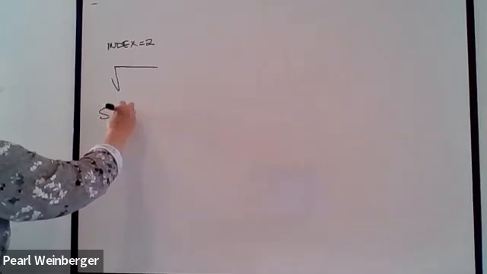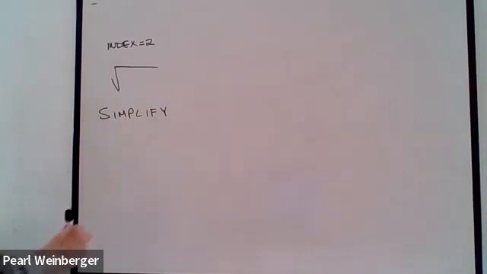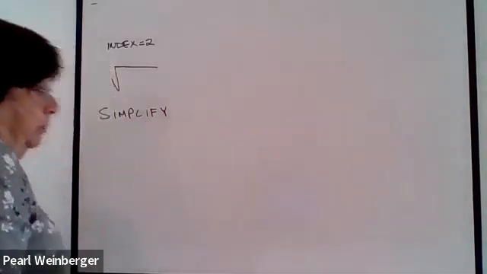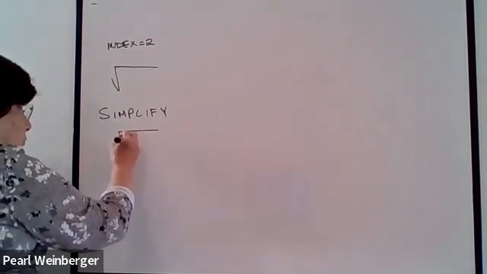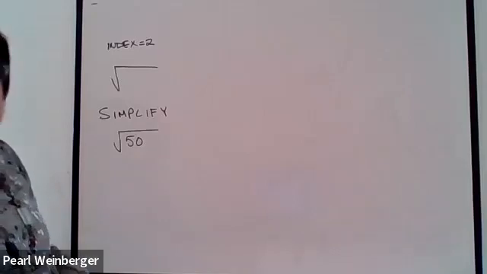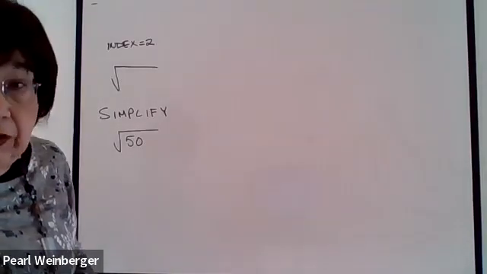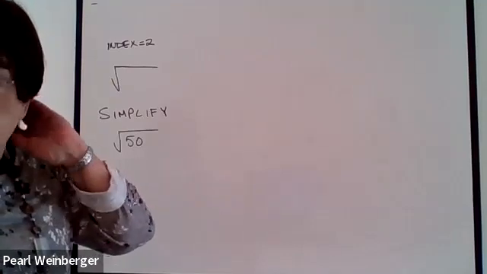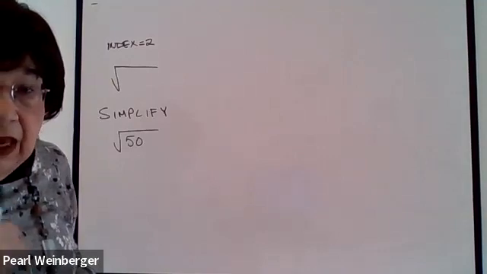What we want to talk about now is what happens if we want to simplify a radical, a square root. So let's say I gave you the square root of 50. Now, 50 is not a perfect square. 49 is, because 7 times 7 is 49. But 50 isn't. There's no number that you multiply by itself to get 50.